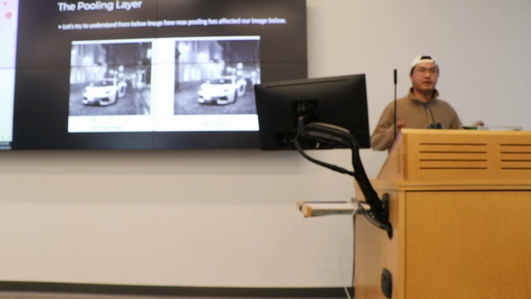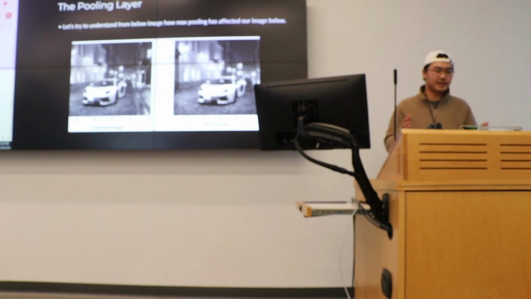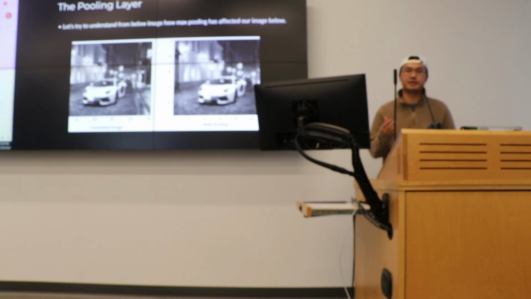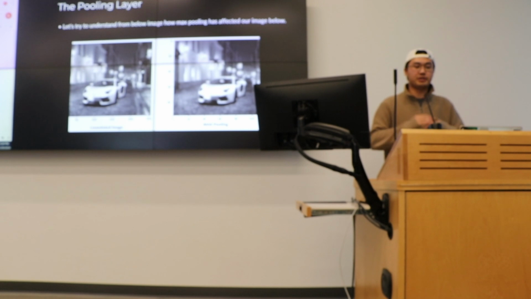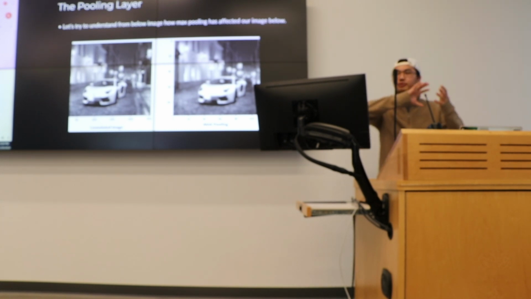Yeah. So we're trying to focus more and more on smaller details. That's exactly what abstraction is going for. Essentially, you're just extracting increasingly complex features from your input. Like you mentioned, even closer, smaller details as you move through the network.